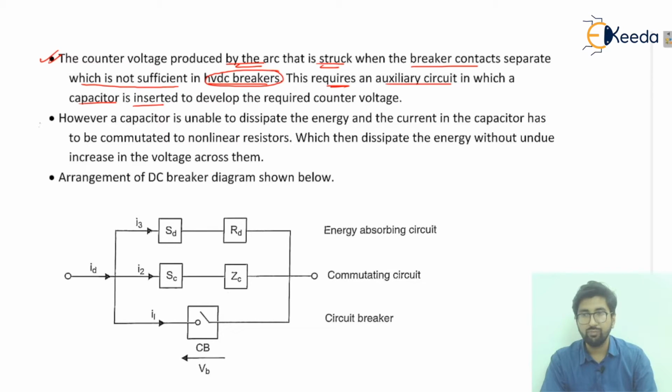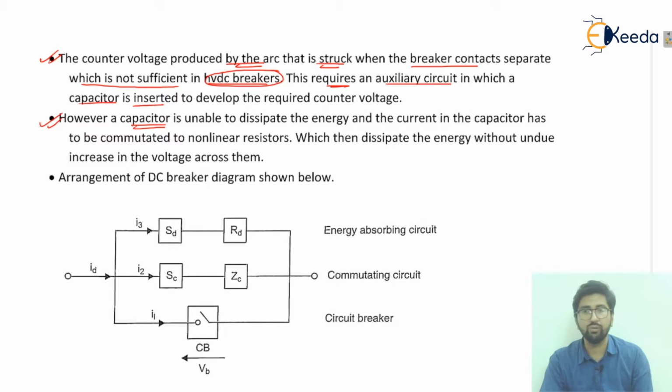Okay, now however, the capacitor is unable to dissipate the energy. It cannot dissipate the energy. The resistor is used for that, and the current in the capacitor has to be commutated to the non-linear resistors.